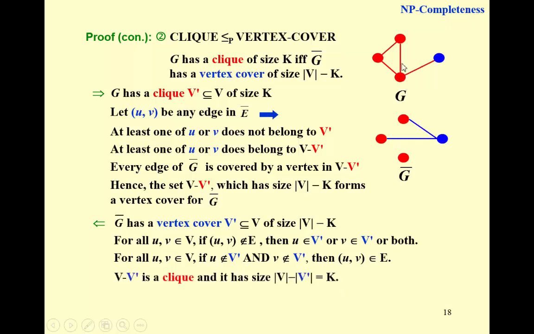Which means that all those red vertices form a clique. It's a complete subgraph, and it has the size of V minus V prime, which is K. Alright, so we have proved that we can reduce clique to vertex cover.